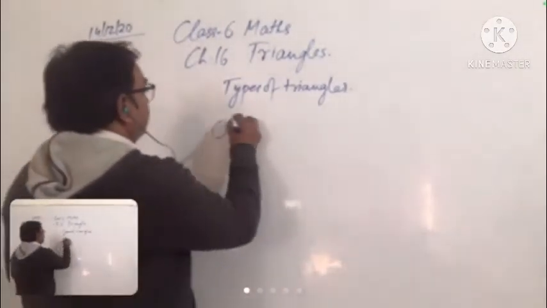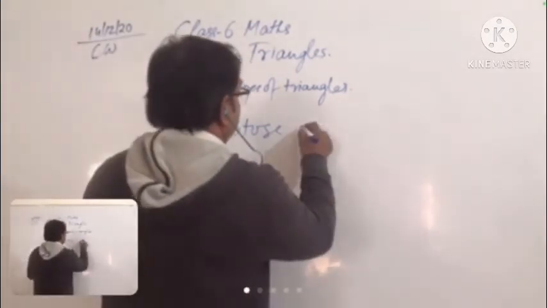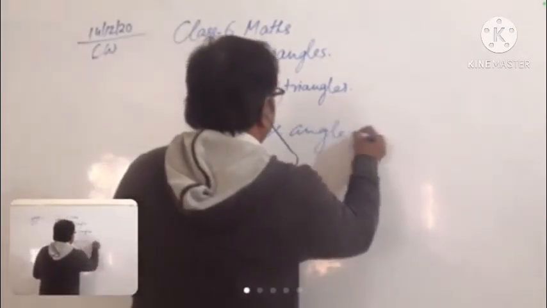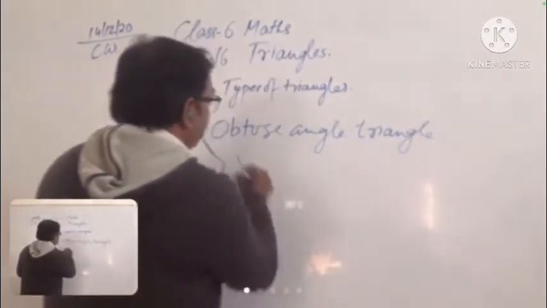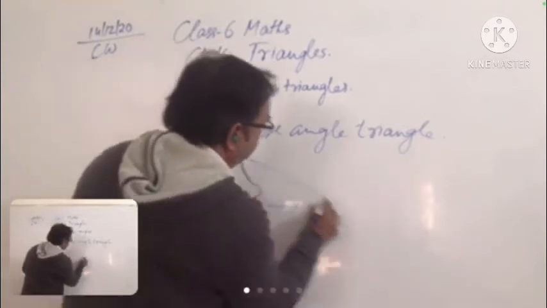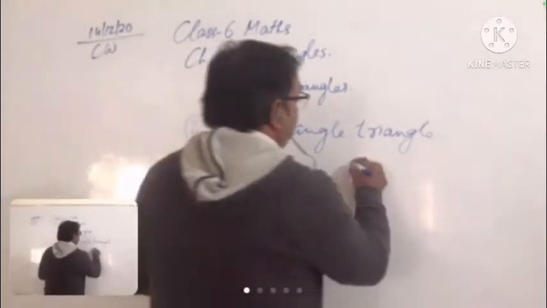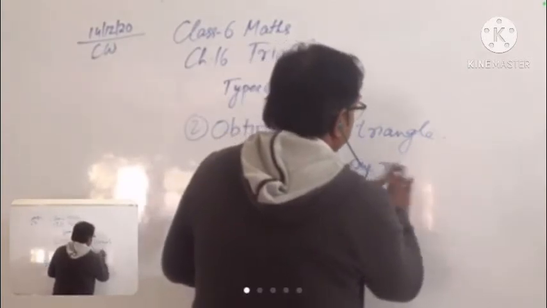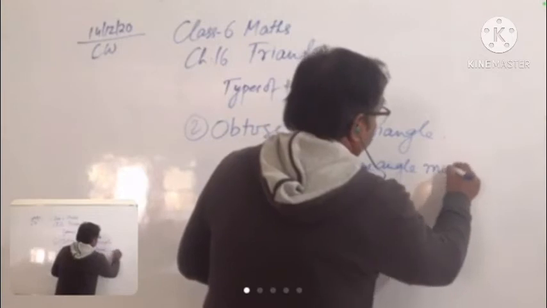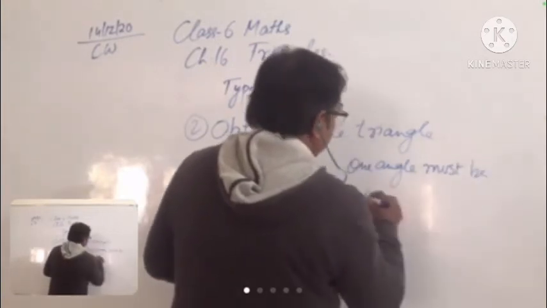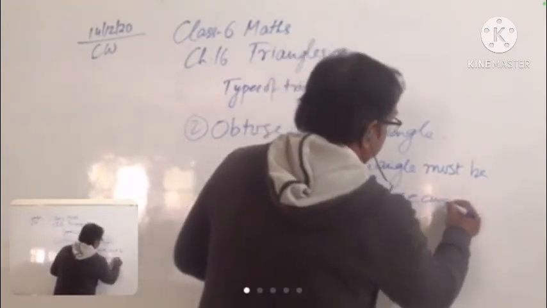Now the second is the obtuse angle triangle. In an obtuse angle triangle, one angle must be obtuse and the other two are acute. Acute means between 0 and 90, but one angle must be obtuse. So again a question arises, what is an obtuse angle?